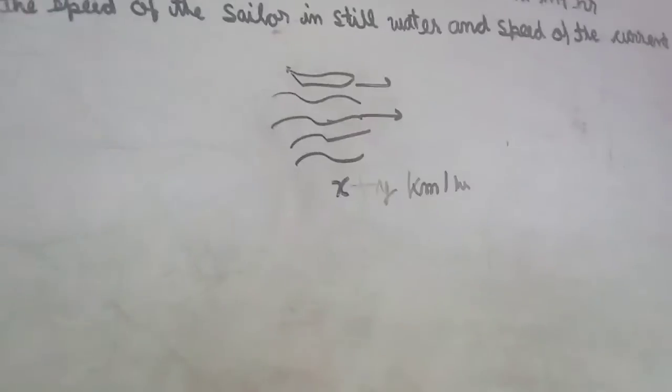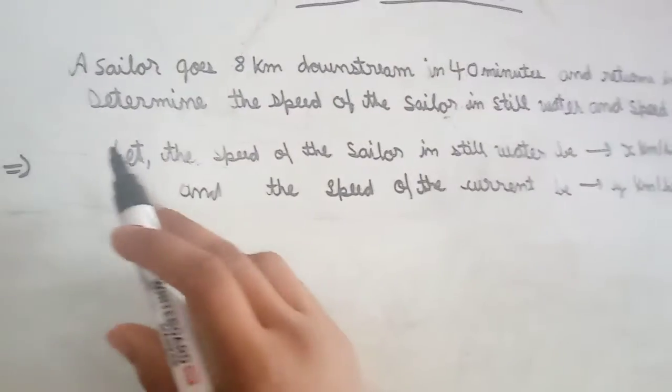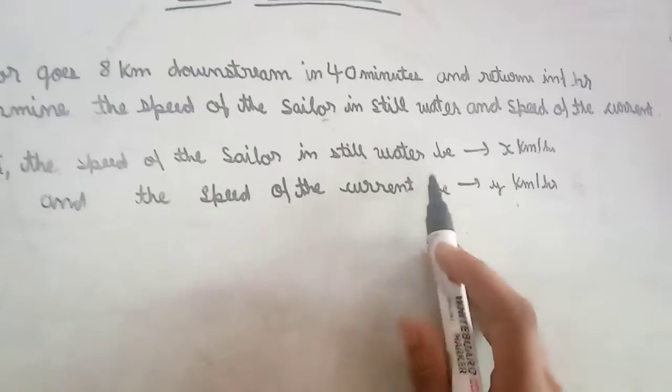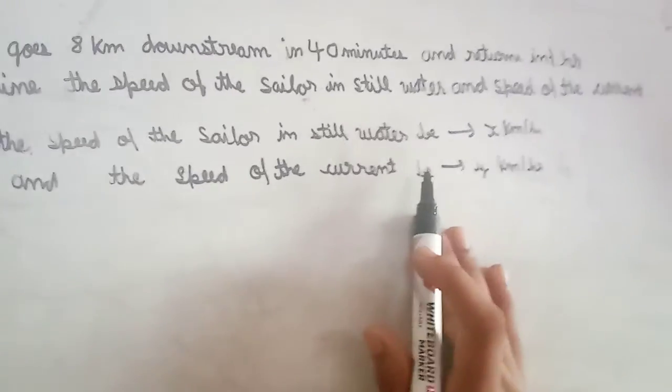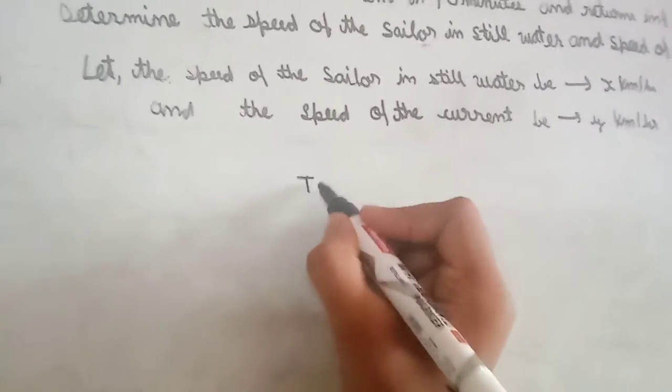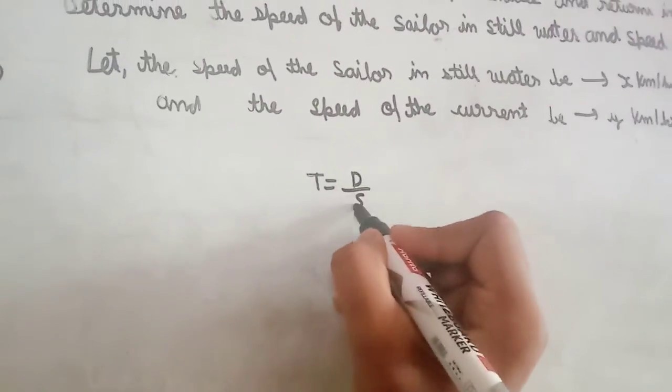So we will let the speed of the sailor in still water be x kilometer per hour, and the speed of current be y kilometer per hour. So time is equal to distance upon speed.